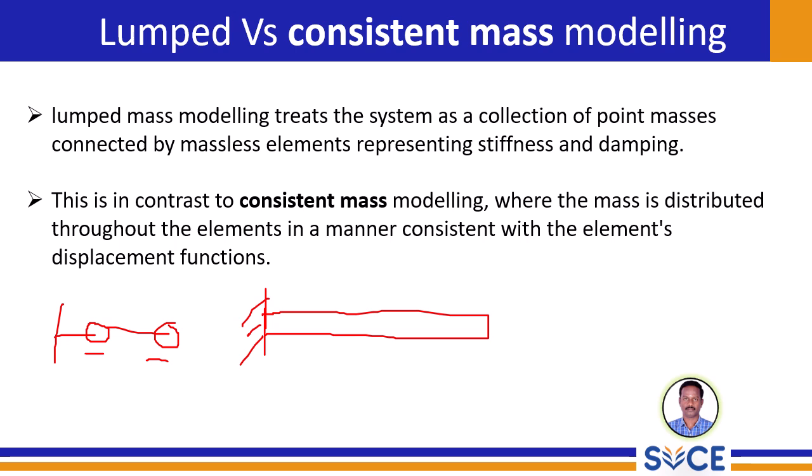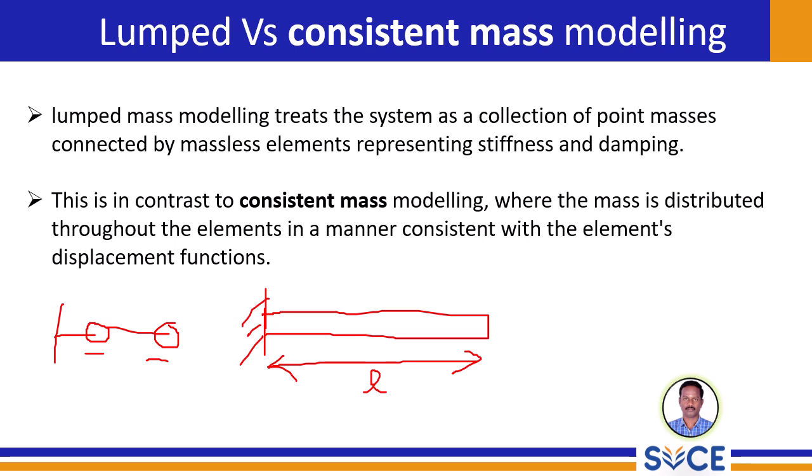In essence, consistent mass modeling aims to more accurately represent the inertia of each element by distributing the mass according to how that element deforms. It means that if we have a beam element, the mass is distributed along the length, and the mass matrix reflects how the inertia of different parts of the beam is coupled.